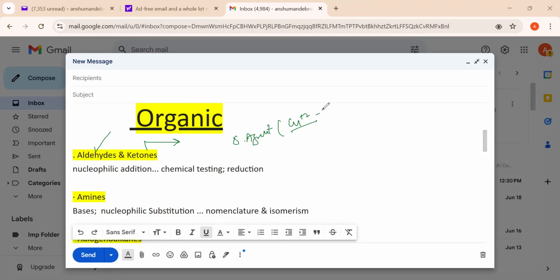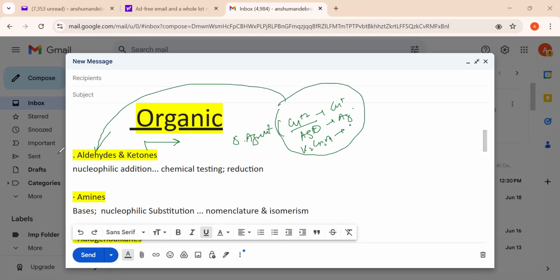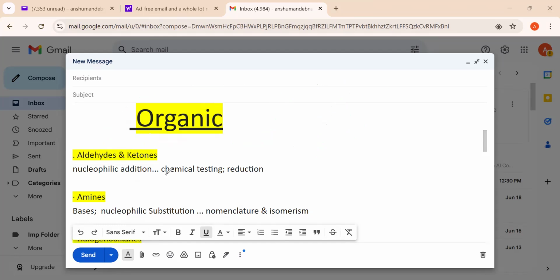That's a blue color turning to an orangish color, right? Ag plus ions, you're having, and it turns to Ag, the silver mirror test. And finally, potassium dichromate changes from orange to green, right? This only changes color in aldehydes, right? Because aldehydes will undergo oxidation, which ketones won't. Yeah, chemical testing part.